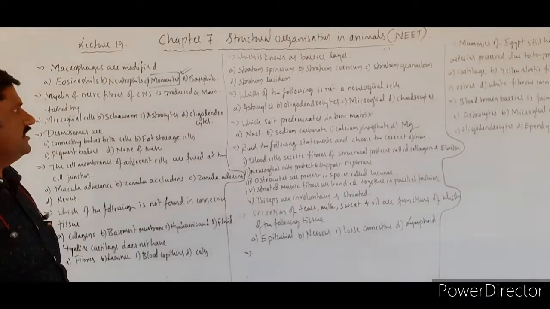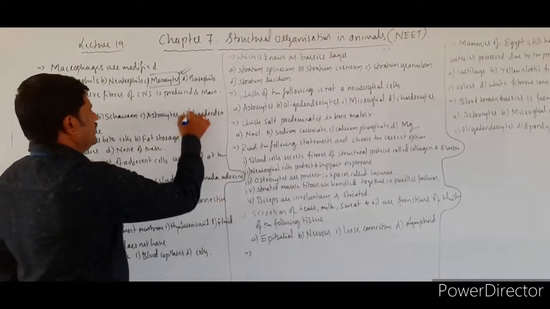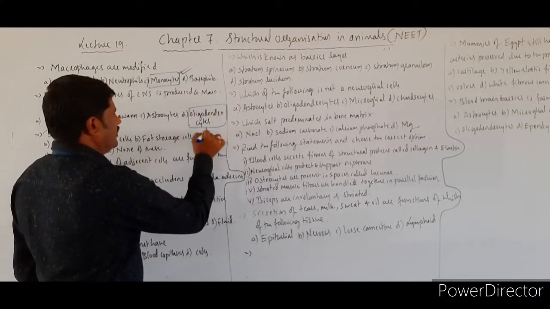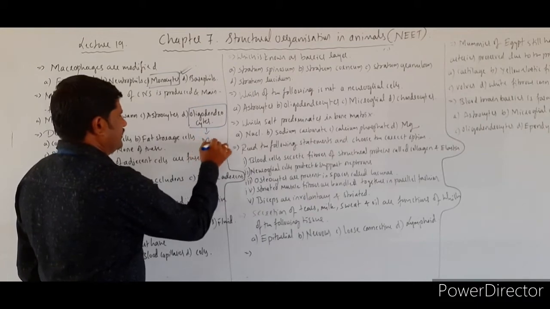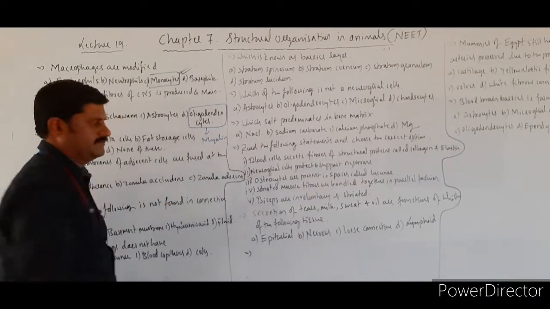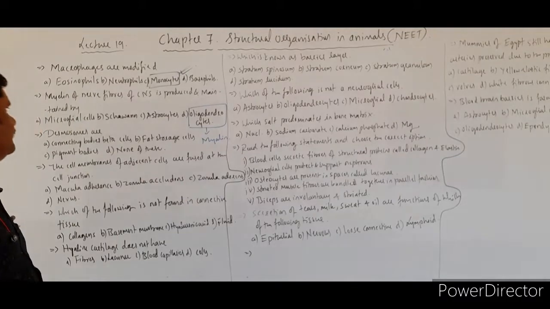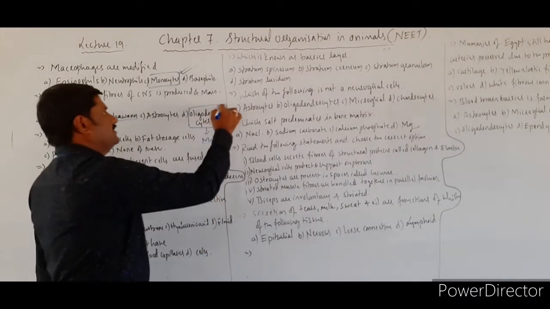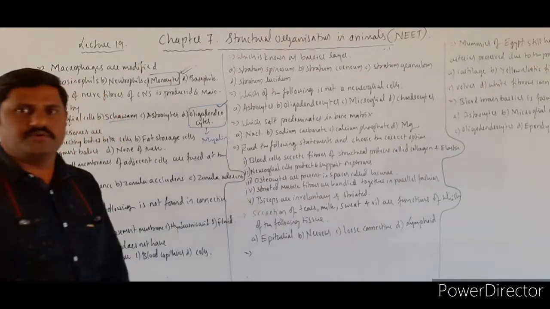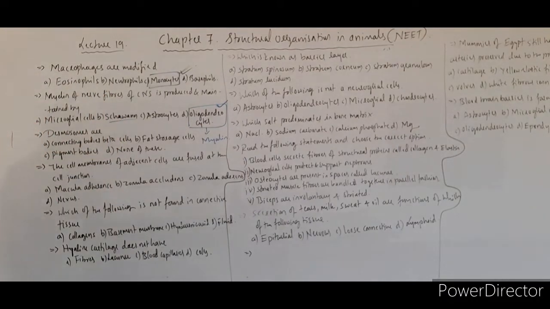Already you know better. So these oligodendrocytes are forming the myelin sheath in the central nervous system and Schwann cells in the peripheral nervous system. The correct answer is oligodendrocytes, right? So next one.